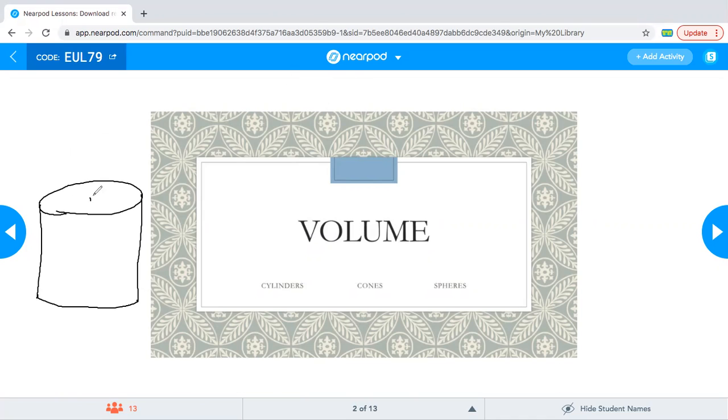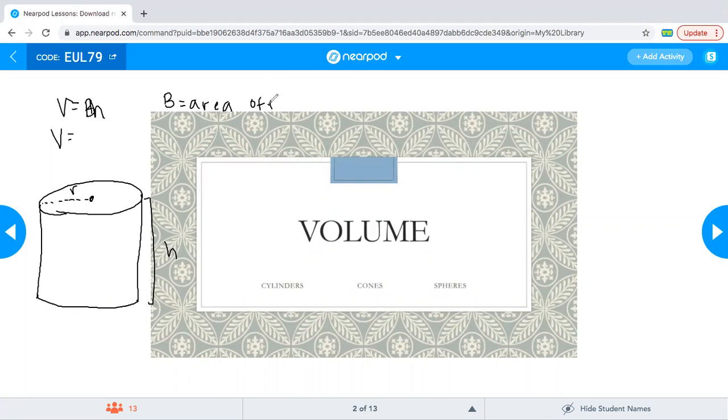So last class we talked about what we need from the cylinder: the radius and the height. And the formula was V equals capital B times H. And we knew that capital B stands for, does anyone remember? Area of the base. Area of the base, yes. There you go.